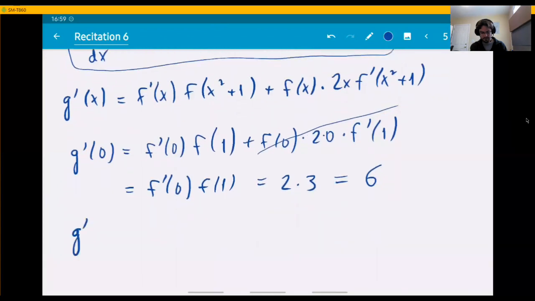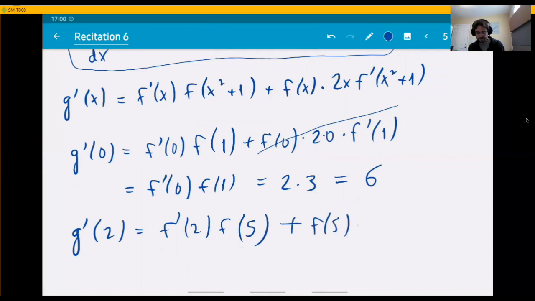Now g prime of 2, do the same thing. Plug in 2 into the formula for g prime. So f prime of 2 times f of, what happens when you plug in 2 for this expression, x squared plus 1? That becomes 4 plus 1, or 5, plus f of 2 times 2 times 2, this is the 2x term, times f prime of, again, 5.